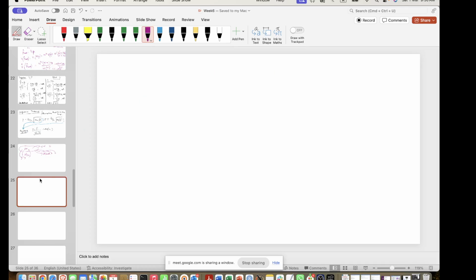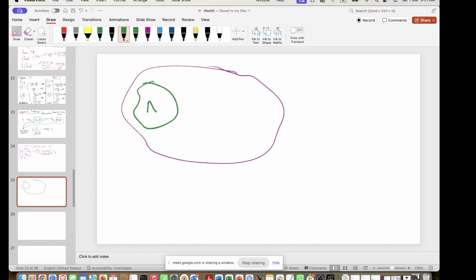But now if this population has subclasses, let's say class A, class B, and class C, and there are inherent differences between these classes, we cannot just take an overall sample.